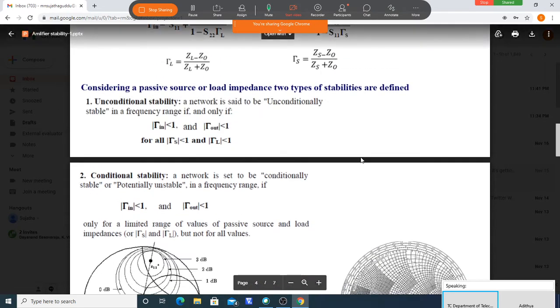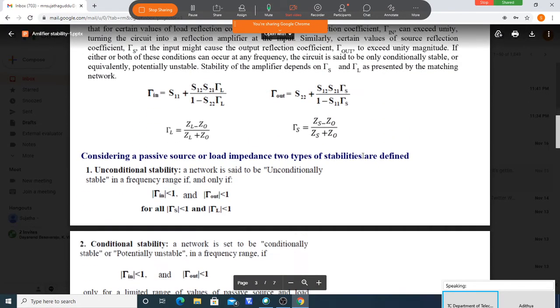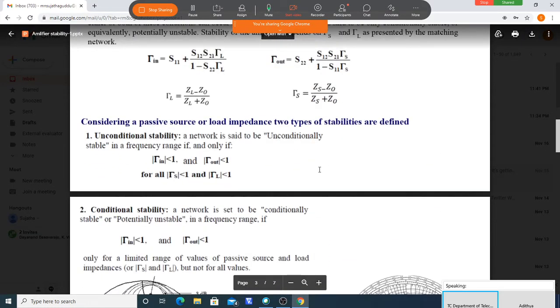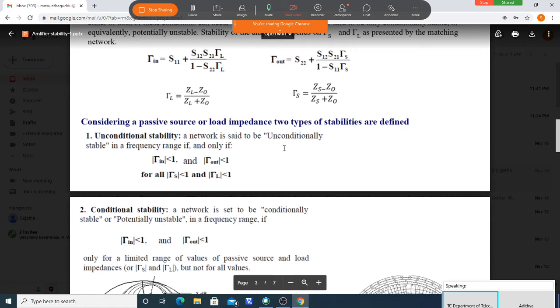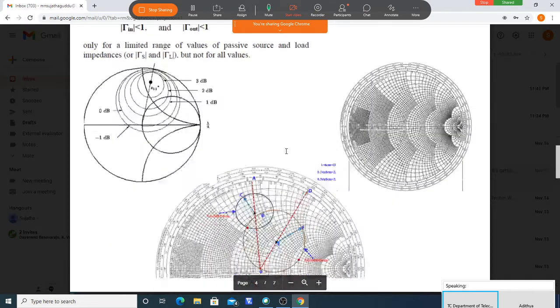To check it is not a very tough thing. See here, you can easily test it. You can easily do that test. Which value are you supposed to take for ZS and ZL? We can easily do that using the S parameters of the active device.